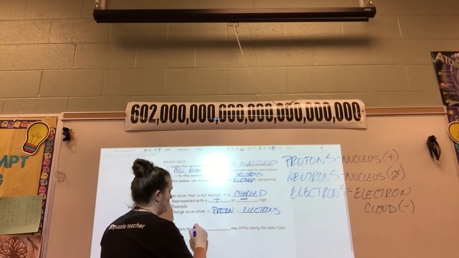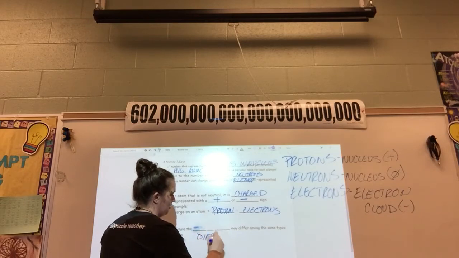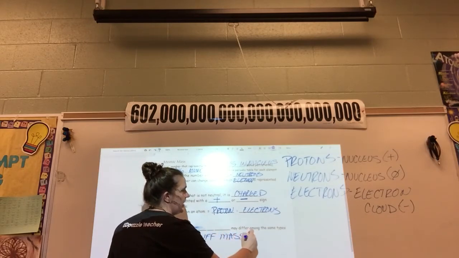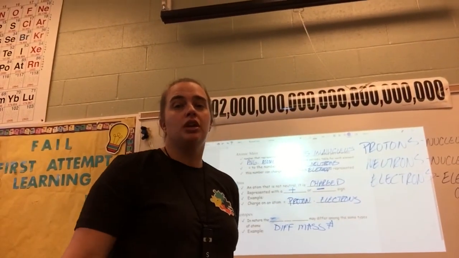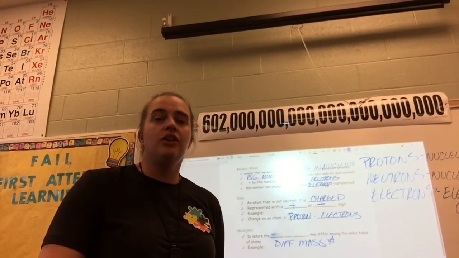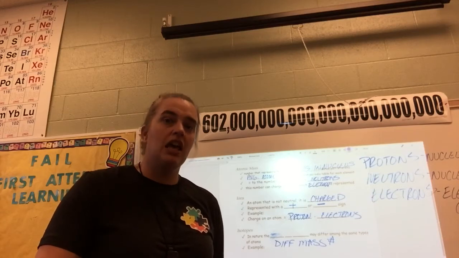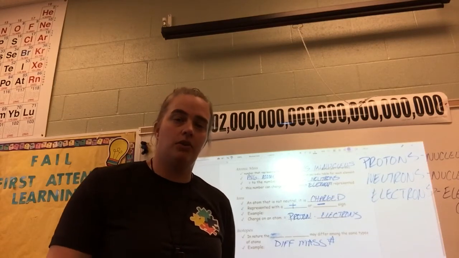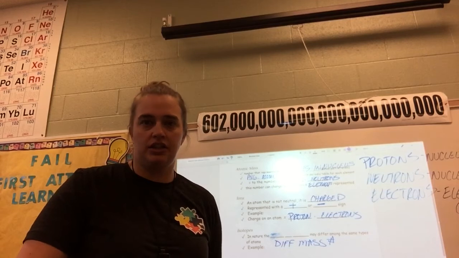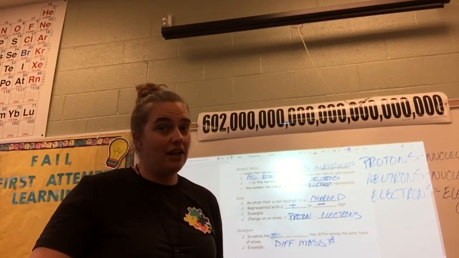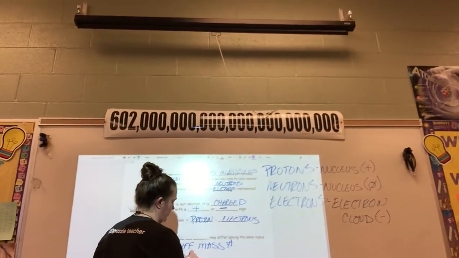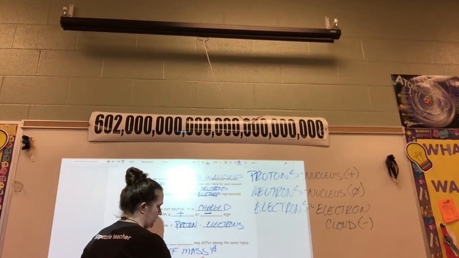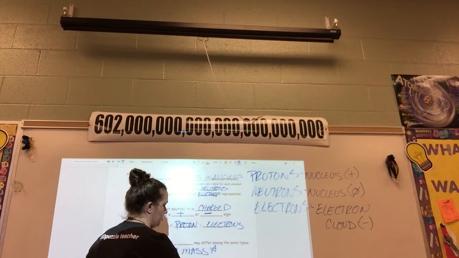It's because they have different mass numbers. If they have different mass numbers, remember mass number is protons plus neutrons. If I'm talking about an isotope, it has to be the same element, which means the number of protons doesn't change. But if their mass numbers are changing, that means that they also have a different number of neutrons.